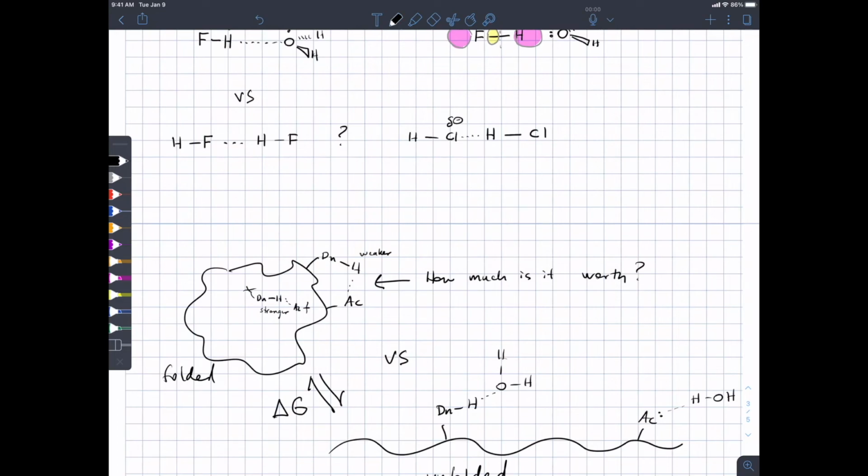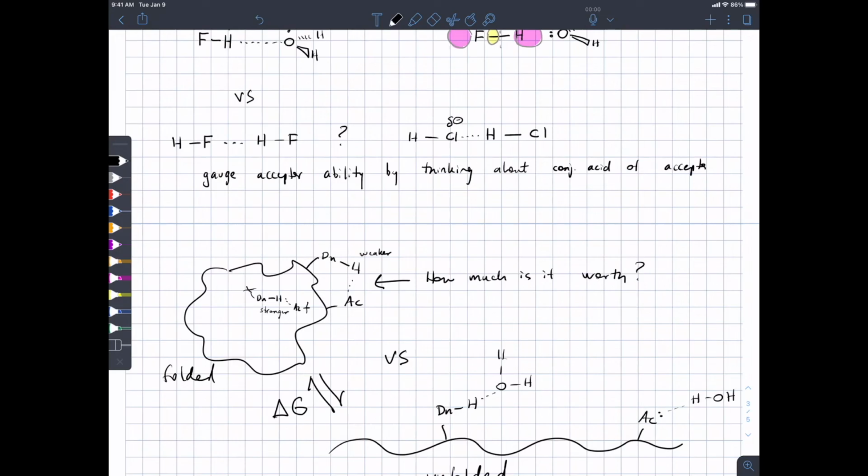And sometimes you can gauge acceptor ability by thinking about the conjugate acid of the acceptor.